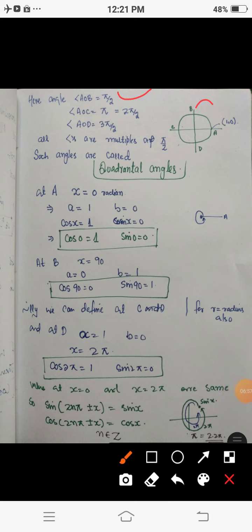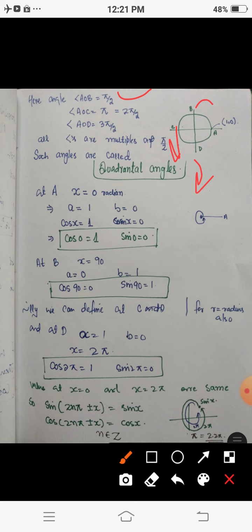Here this angle is 90, this angle is 180. 180 is 2 times 90, that is 2 pi by 2. Now the third one is 270. 270 is 3 pi by 2, and this fourth one is 2 pi, which implies that all these angles are simply multiples of 90, that is integral multiples of pi by 2.